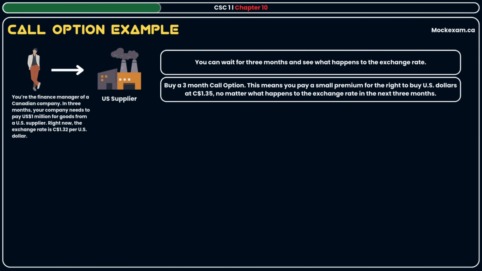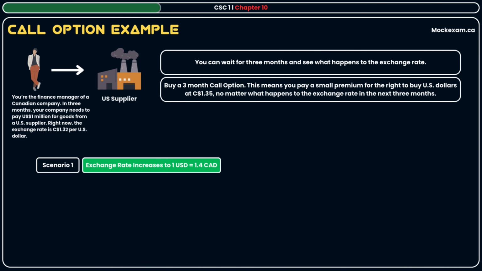Now, two scenarios might happen. Scenario number 1 is the exchange rate increases to, let's say, 1 USD equals 1.4 CAD. Here you exercise or execute the option and you buy the US dollar at 1.35. So you're saving 5 cents for each US dollar.